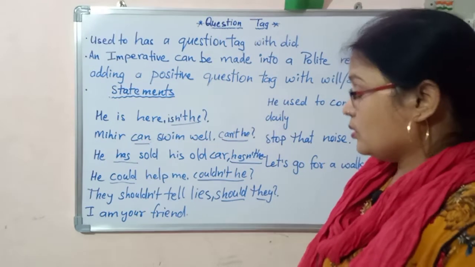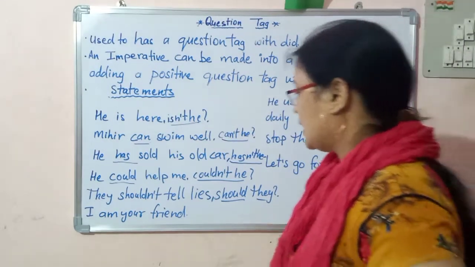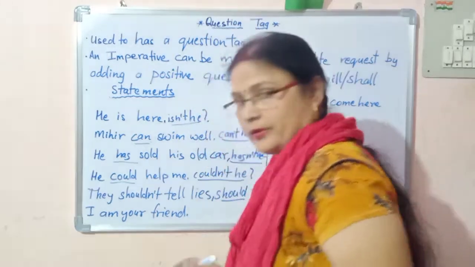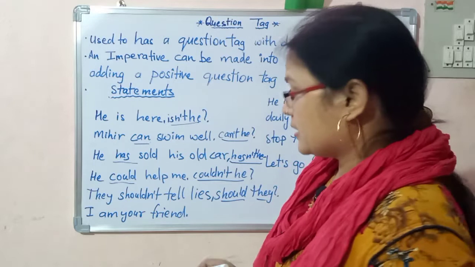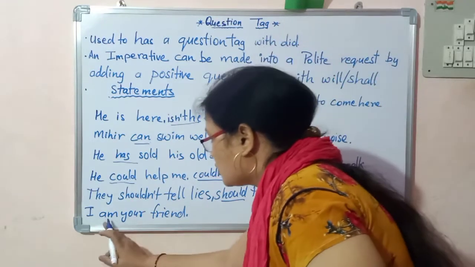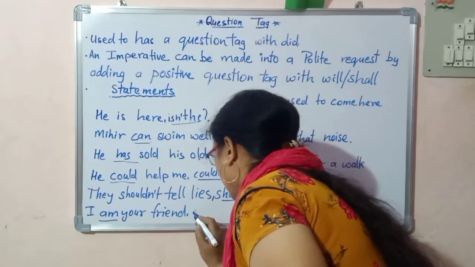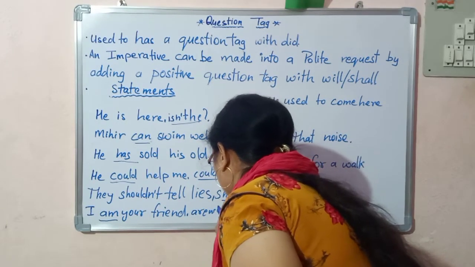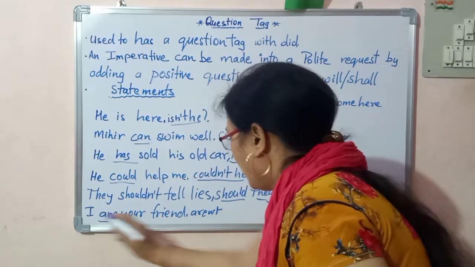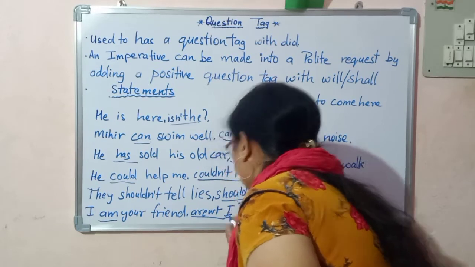Already I told you, amn't we don't write; for am, we write aren't. In the negative, not amn't, it will be aren't. So, statement positive, we will write aren't I. Pronoun I. Aren't I.